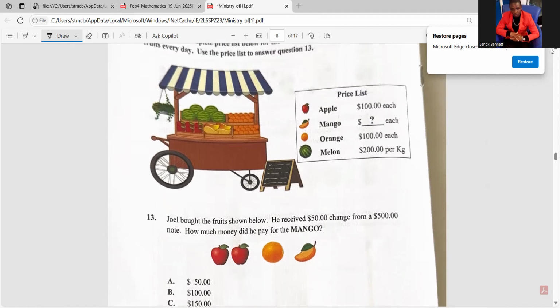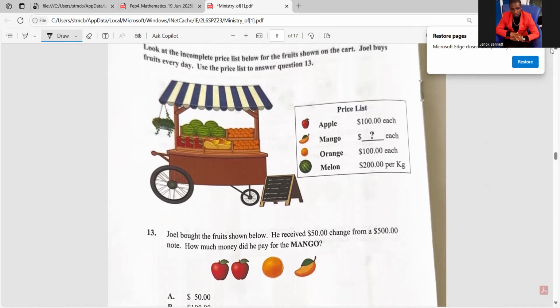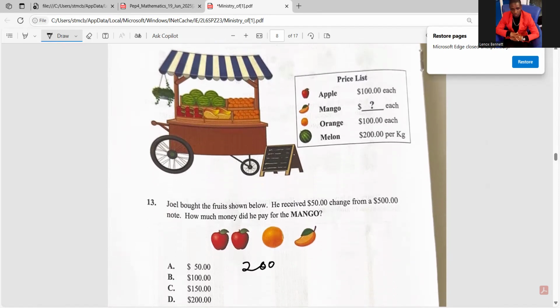All right, so let me go on. So apple, $100 each. We don't know how much for the mango. Orange, $100. Melon, $200. So like we say, 2 apples would cost $200. The orange now would cost $100.